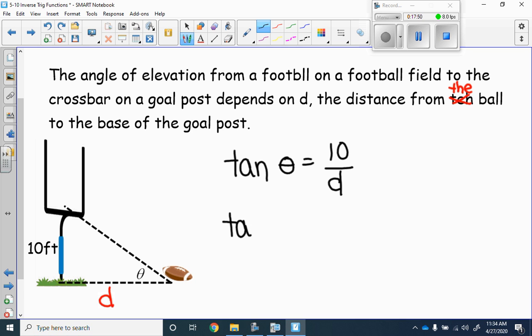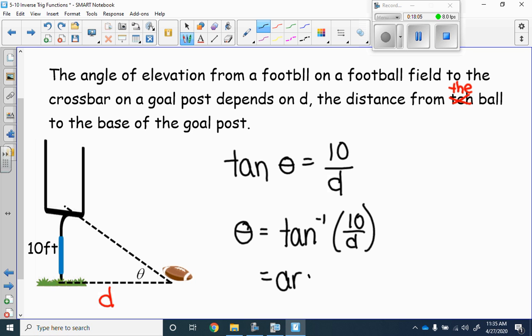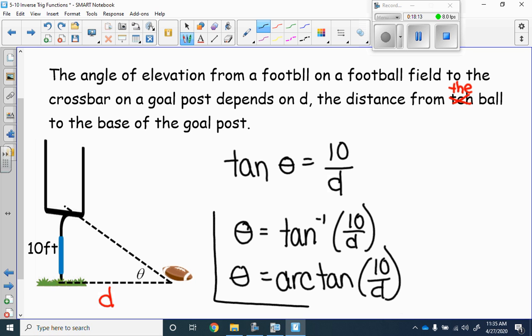I can say that theta is then equal to the inverse tangent of 10 divided by D. Or if you wanted to, you could say arctangent of 10 over D. And so it's just a different way for you to write out a formula solved for the actual angle itself.